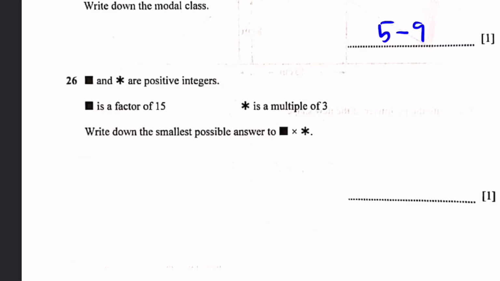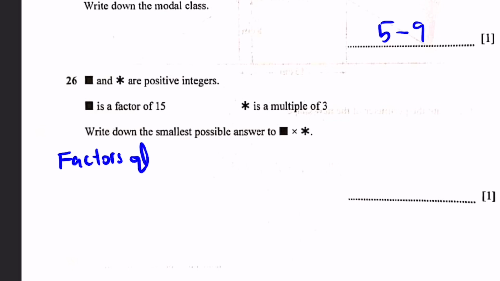Question 26. Square and star are positive integers. Square is a factor of 15. Star is a multiple of 3. Write down the smallest possible answer to square multiplied by star. To do this, we will just see first the factors of 15.